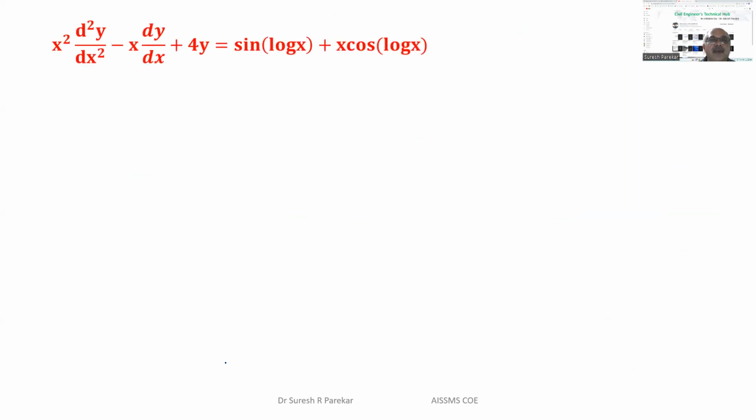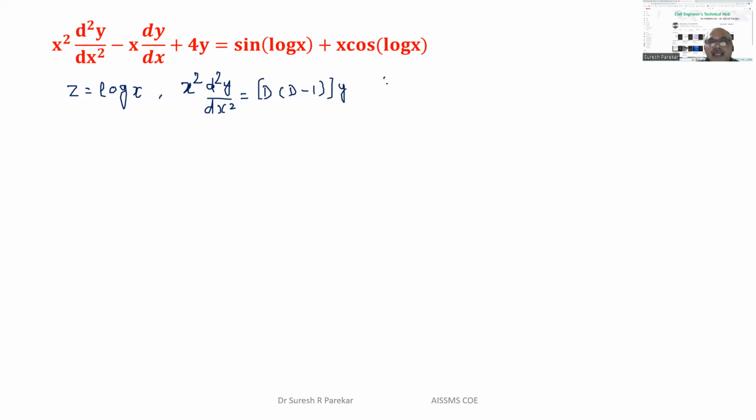So now we will consider one problem, that is x square d2y by dx square minus x dy by dx plus 4y equal to sine of log x plus x cos of log x. Now we know we have to put z equal to log x. Then we have to put x square d2y by dx square equal to D into D minus 1 into y.